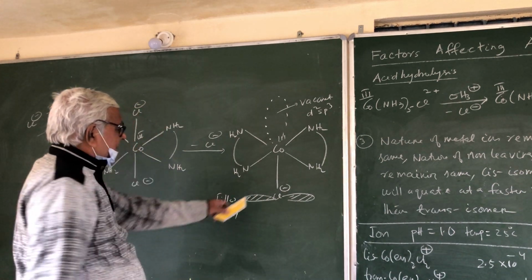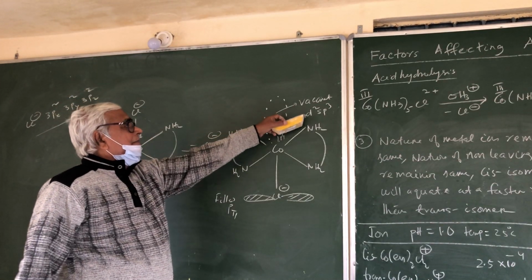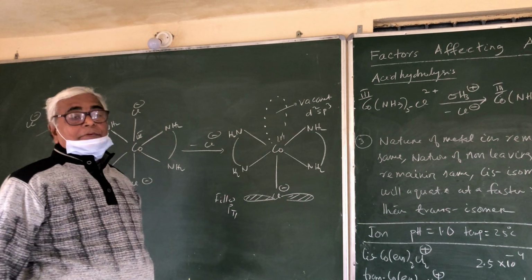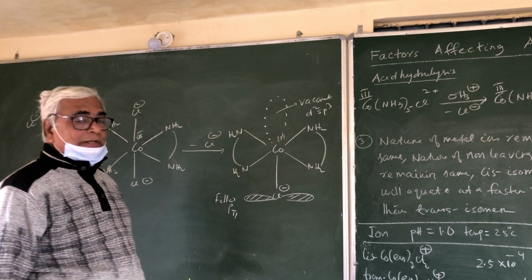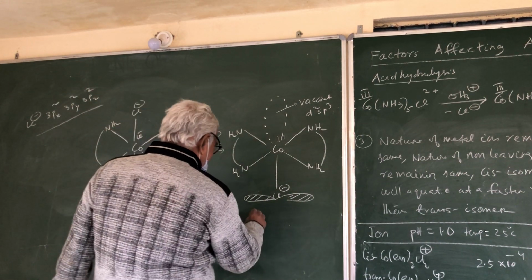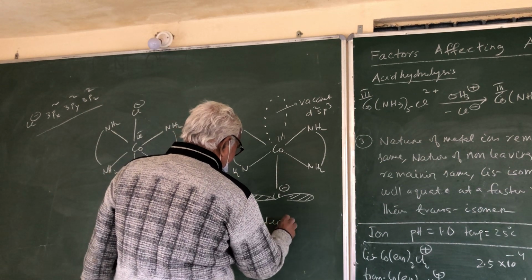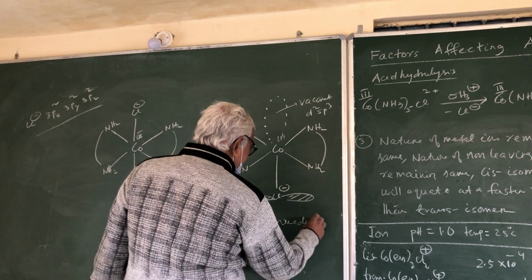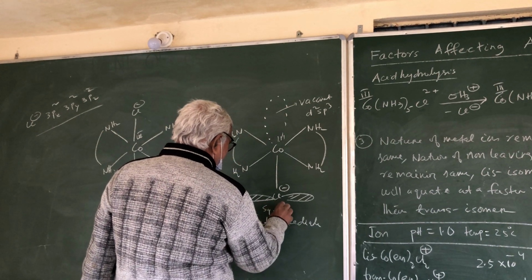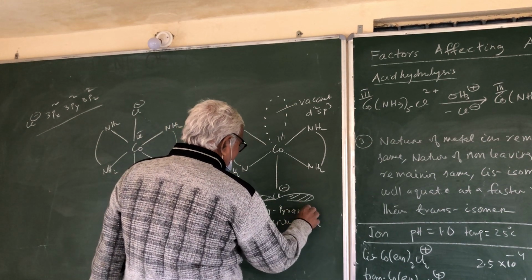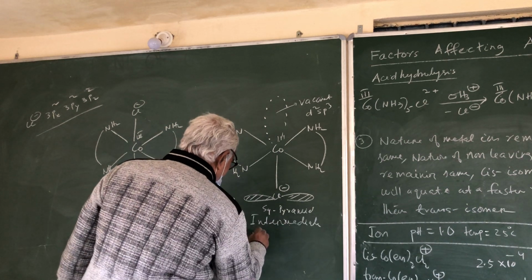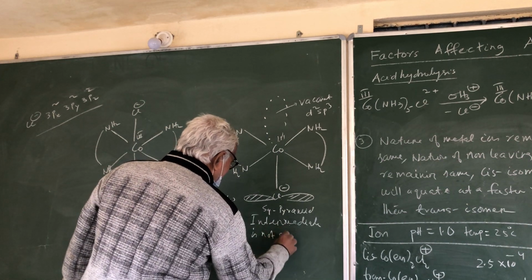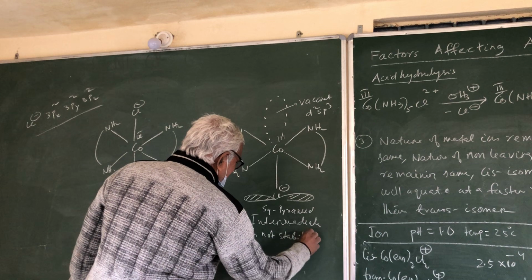So the filled p pi orbital cannot overlap with the vacant d2sp3 orbital of cobalt 3. Therefore, the square pyramid intermediate is not stabilized.